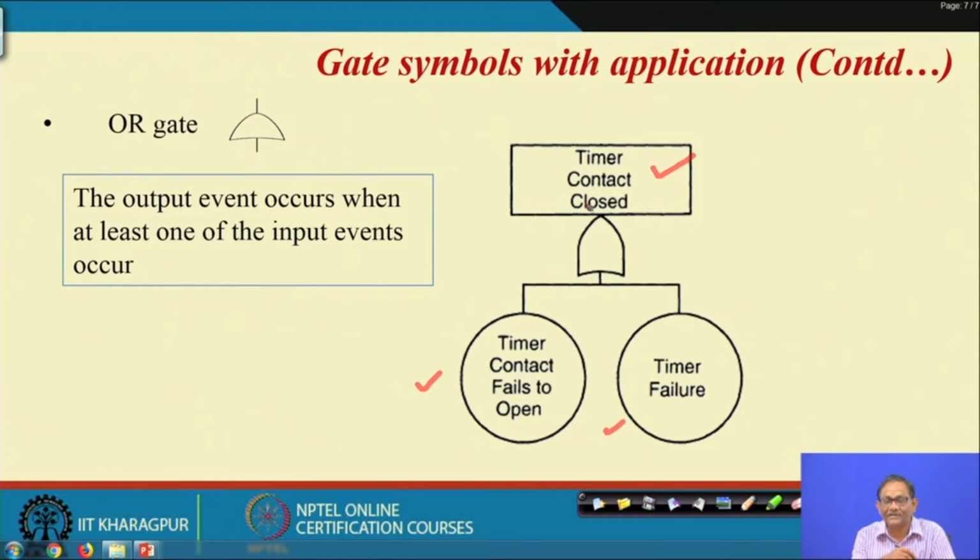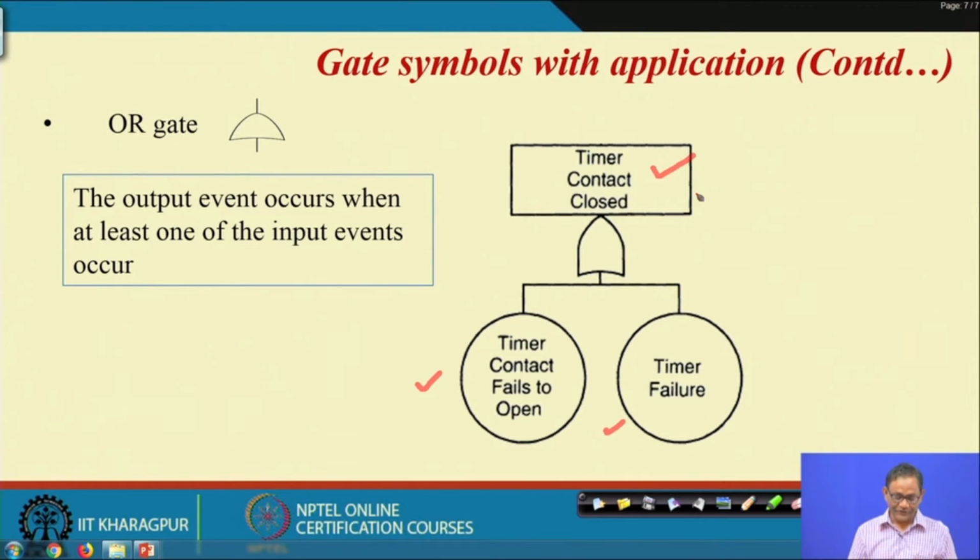If we think that it is first closed and running, then otherwise, the timer contact itself fails to open. So, this is the failure mode of the timer contact, and the timer also has failed, it is not working. If either of the two happens, then the timer contact will be closed.